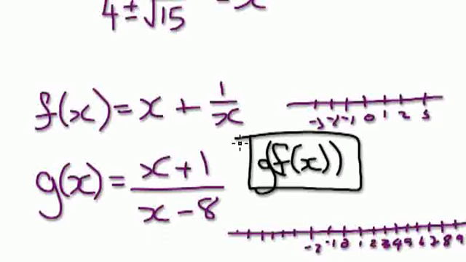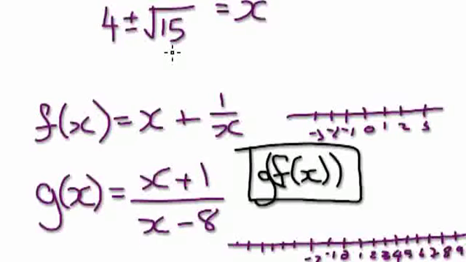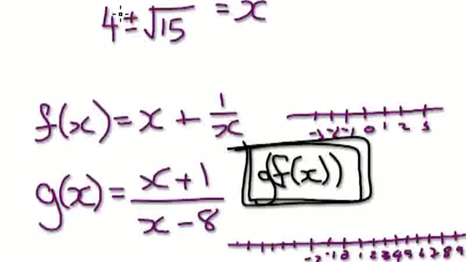You see, this function here breaks down when x is 4 plus root 15. So that means 4 is here, and then root 15 is, well, let's see, 4 times 4 is 16.